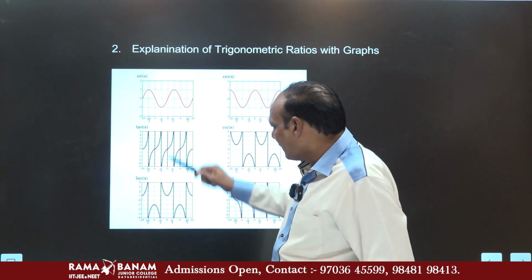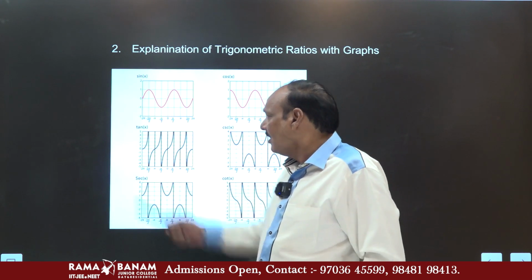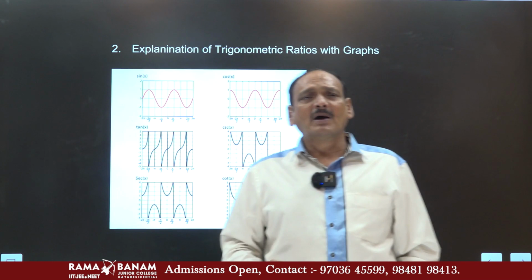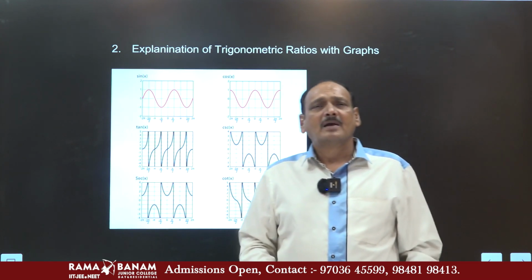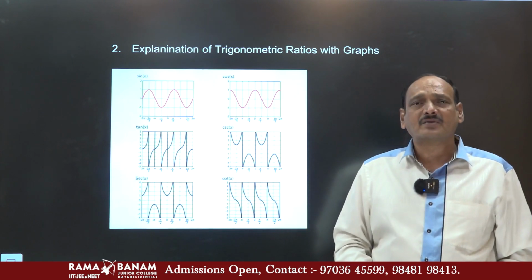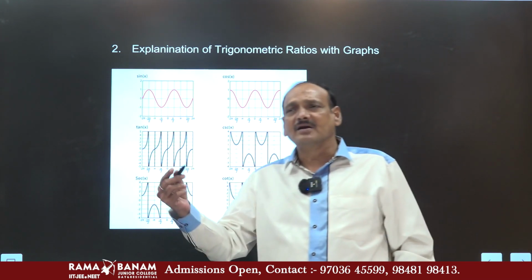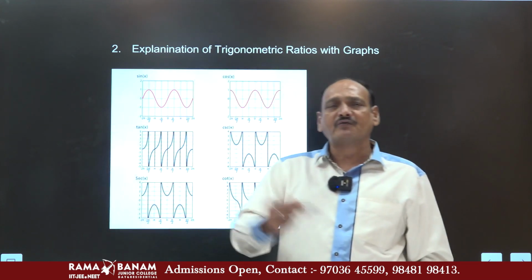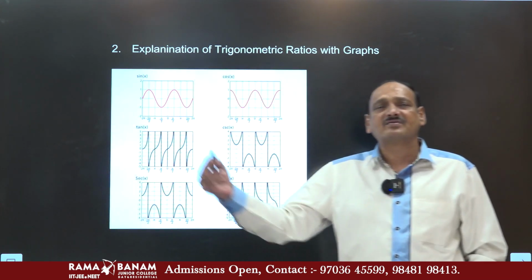Why is it not defined? We know very well the domain of tan x. The domain of tan x means x belongs to R except odd multiples of 90 degrees. So we cannot define tan 90, we cannot define tan 270, we cannot define it at 450 degrees, we cannot define it at 630 degrees.